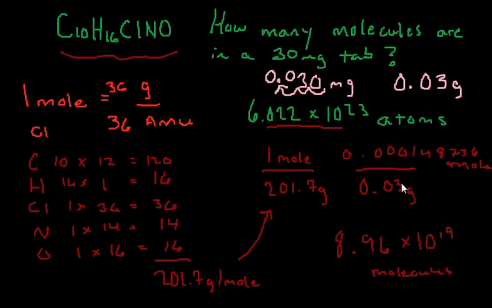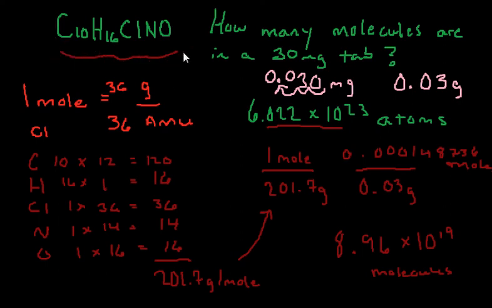Okay, now if you're getting confused, because I think the way I explained this was kind of confusing, between the atoms, because remember I said this is how many atoms we have per mole, and then I said this is how many moles, but it's asking how many molecules. Well, this is the number of atoms, and we're using this number, but we don't say it's in atoms because this is not an atom.